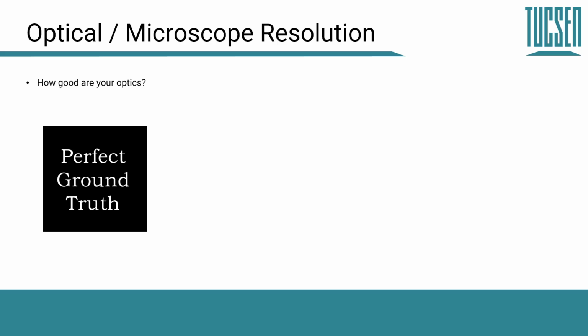No matter how good our optics, everything is always going to be slightly blurred, because that's how the physics of light propagating through lenses works. We're never going to see that perfect ground truth with our camera, down to molecular perfect locations.